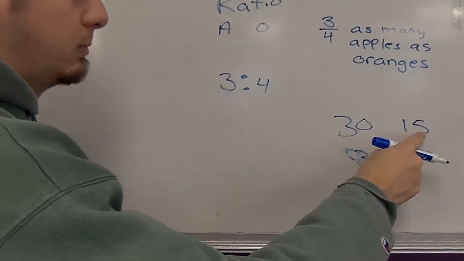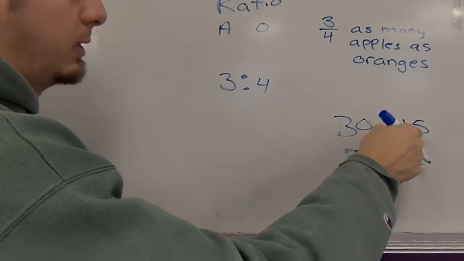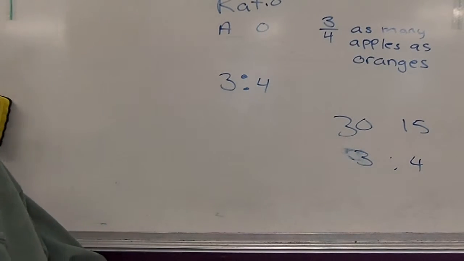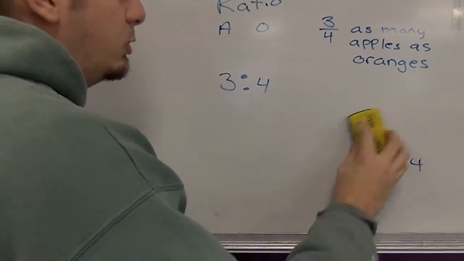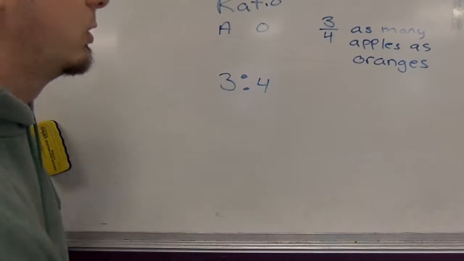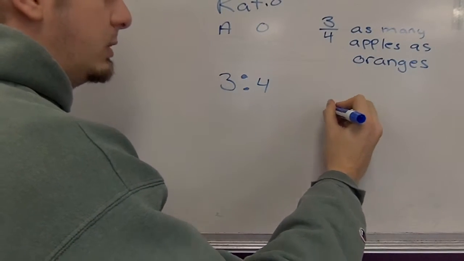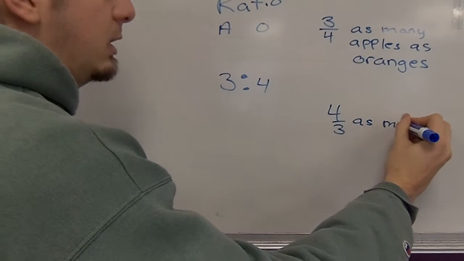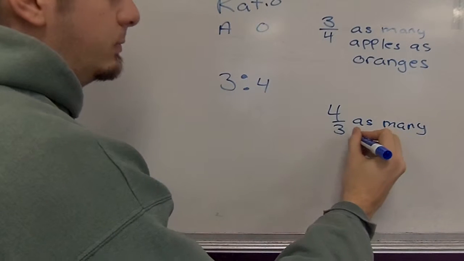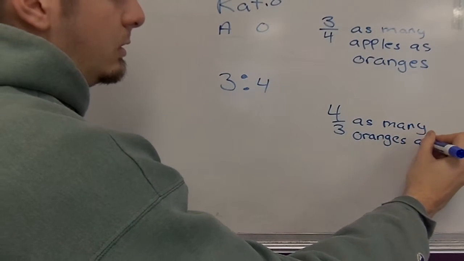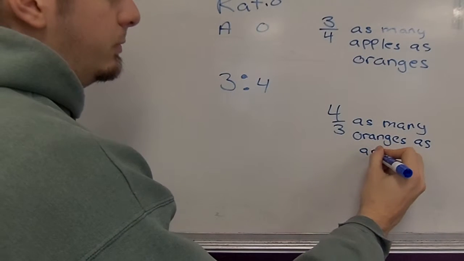Just like I have twice as many apples as oranges up here, I multiply this by 2, or twice, and I get 30. So there are 2 ways of looking at this ratio. You either have 3/4 as many apples as oranges, or you can say I have 4/3 as many oranges as I do apples.